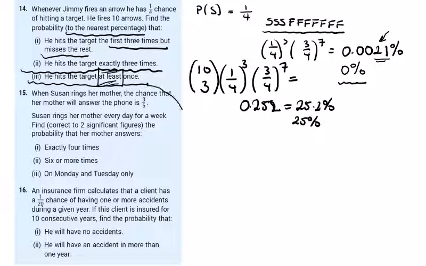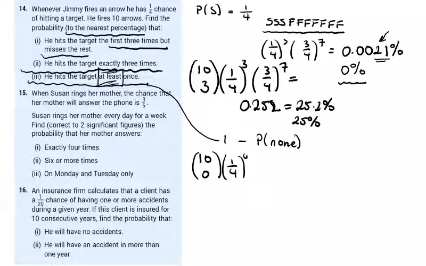And then at least once. With these at least questions, always identify there's a quicker way to do them. At least once is 1 minus the probability of none. So we get the chance of not hitting the target at all. You don't need these first 2 in, but just put them in to keep consistent. There's going to be 3/4 to the power of 10 failures, and that gives 0.0563.